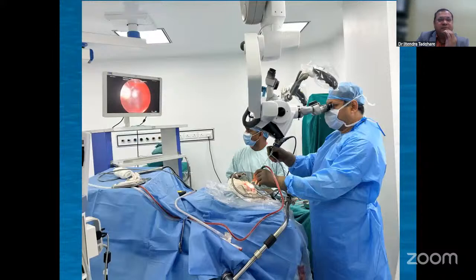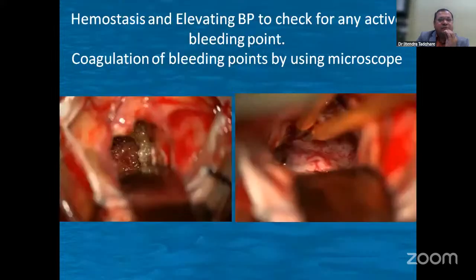So in between, I had to take the microscope to control the bleeding also. Hemostatic material is kept, and coagulation of the bleeding point is done using the microscope.